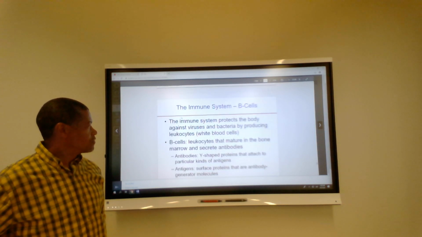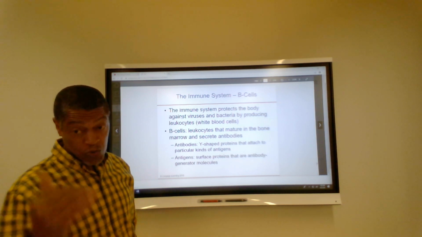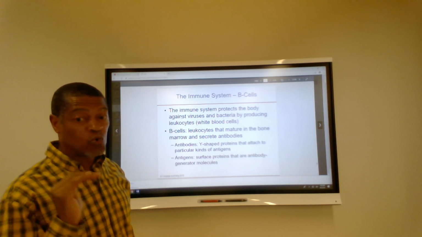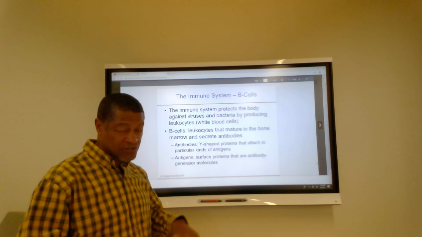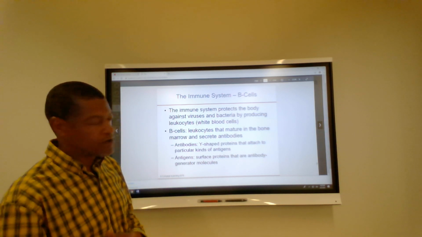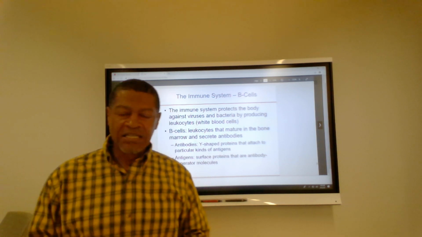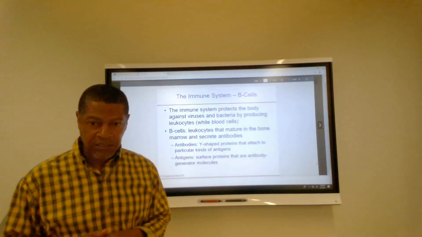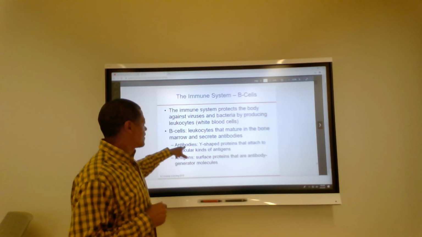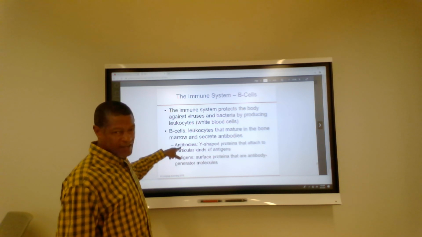So right now on the immune cells, I'd like for you to know that you have white blood cells that are considered to be leukocytes. So somebody could have leukemia, therefore a low white blood cell count, therefore they can't fight infections, therefore they get diseases more so than others. Anything that gets into your body is called an antigen. Your body creates what? Antibodies that fight against the antigen. So antigens, bad things that get into your body. Antibodies fight against that.